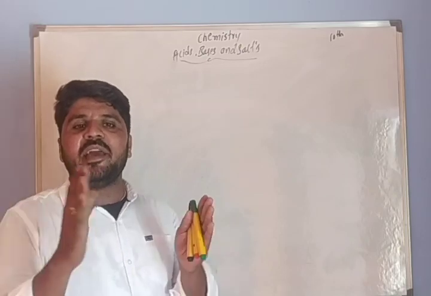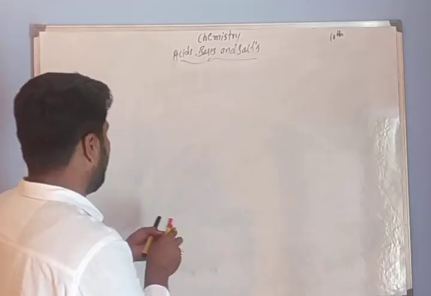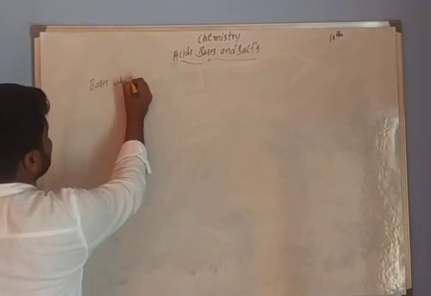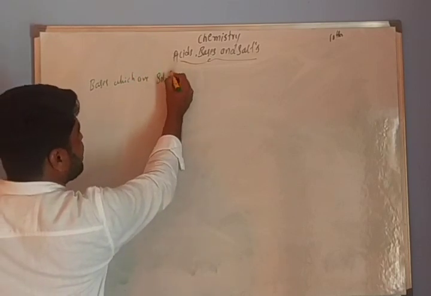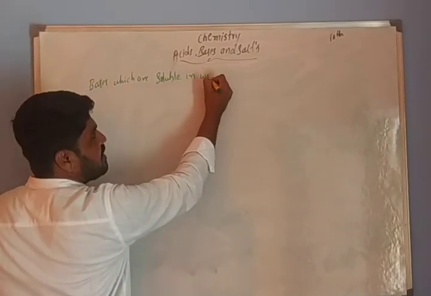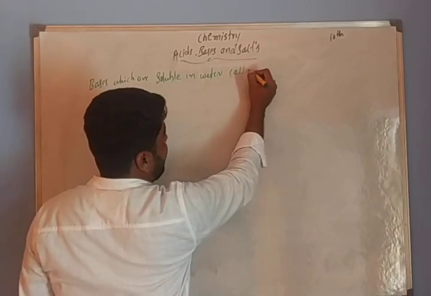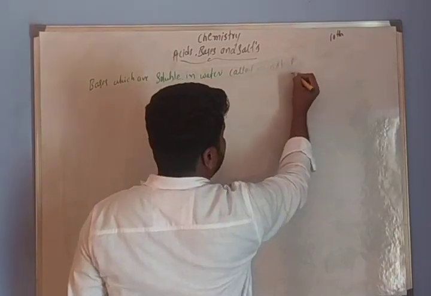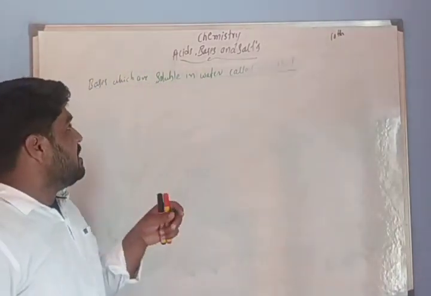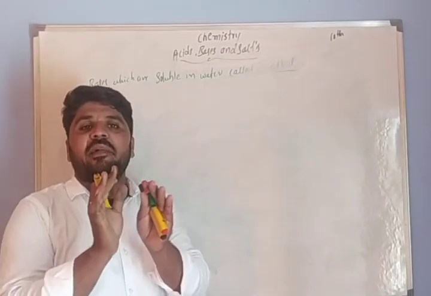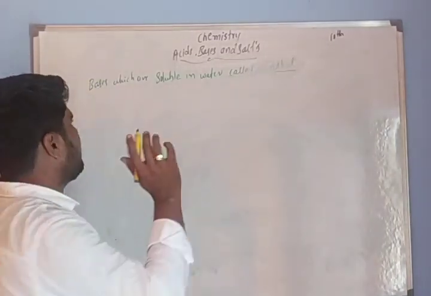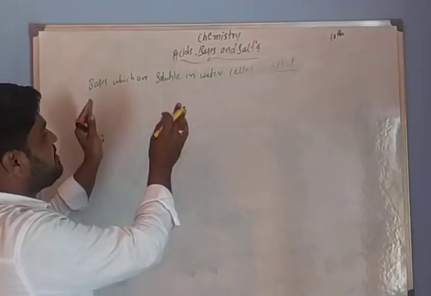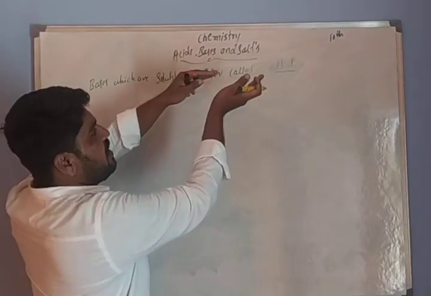Please remember, bases which are soluble in water are called alkalis. That means all bases do not dissolve in water, but only some bases dissolve in water, and we call those alkalis.